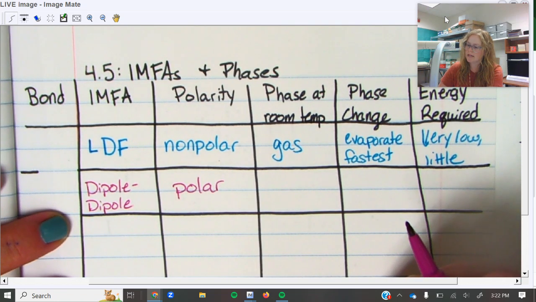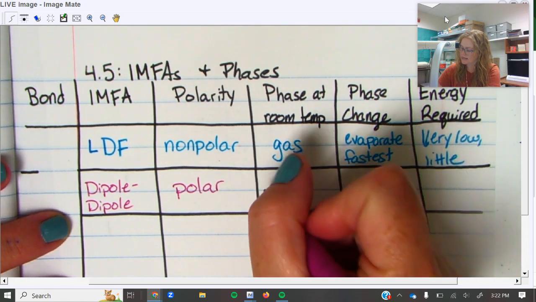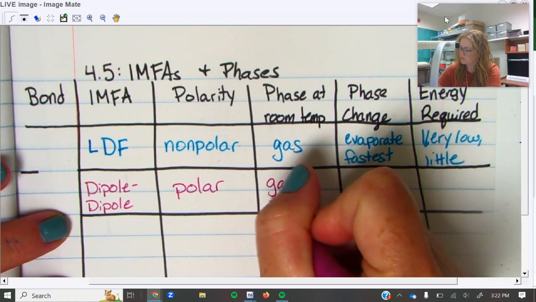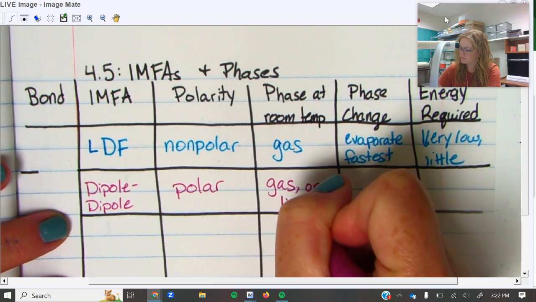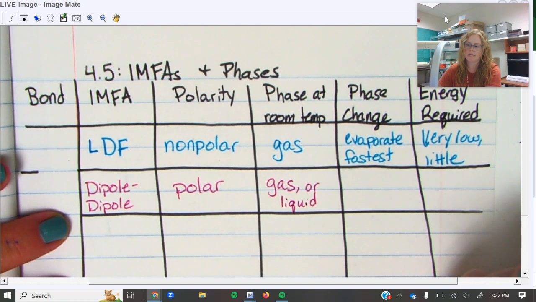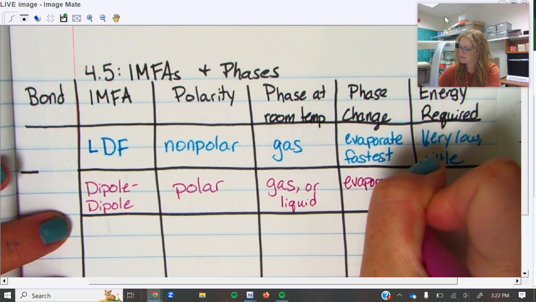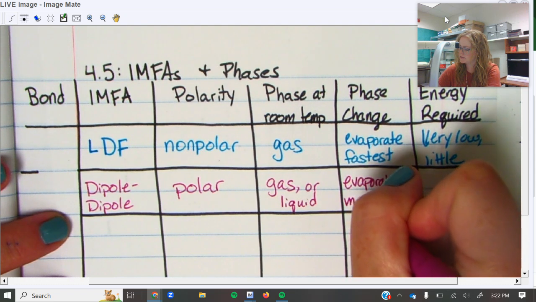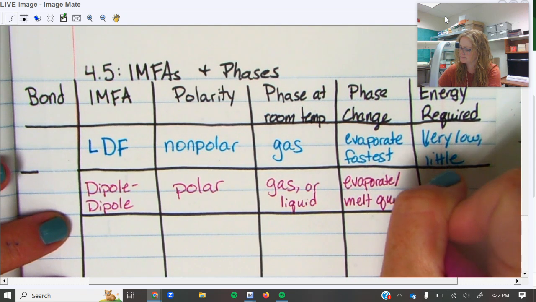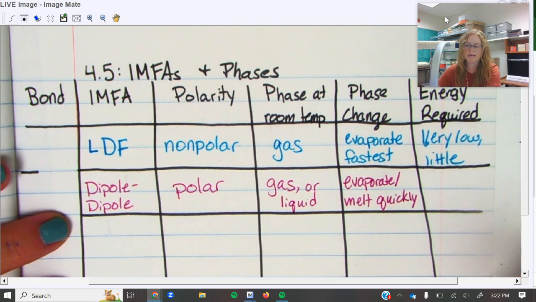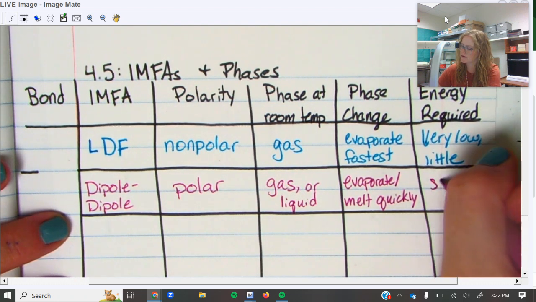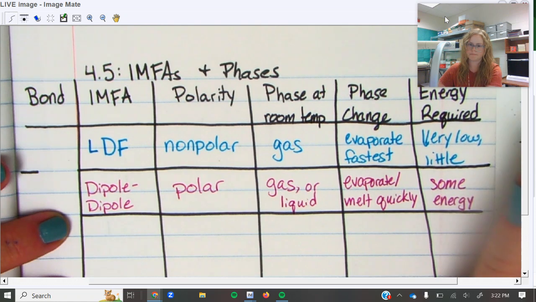And polar molecules can be a gas or liquid at room temperature. They will evaporate or melt quickly. And they require some energy to do so, but it's still pretty fast.